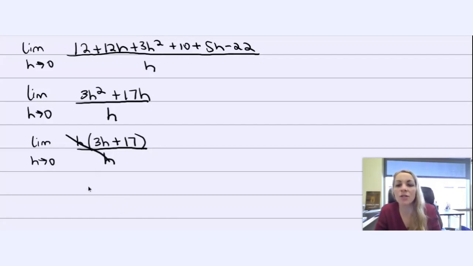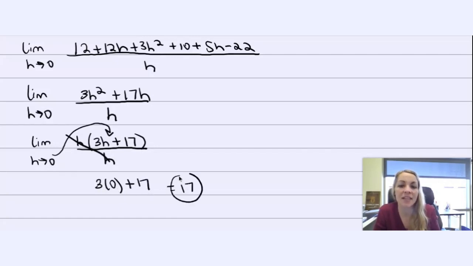And now all I need to do is I need to plug 0 in for this h right here. So I have 3 times 0 plus 17. Well, 3 times 0 is 0, plus 17 is 17. So the instantaneous rate of change for this problem is 17. Remember what this means. This 17 is the slope of the function where x is equal to 2.